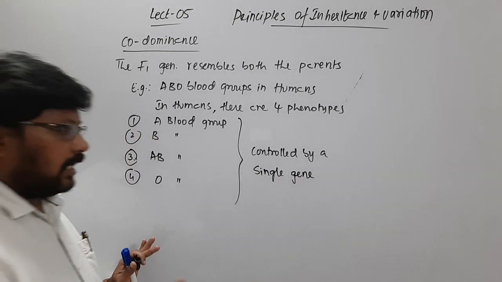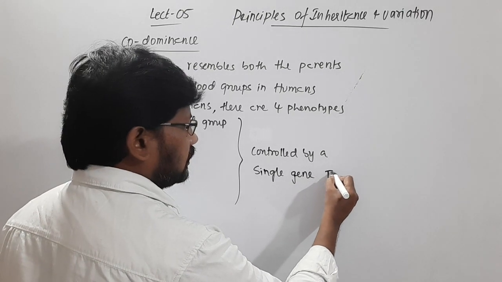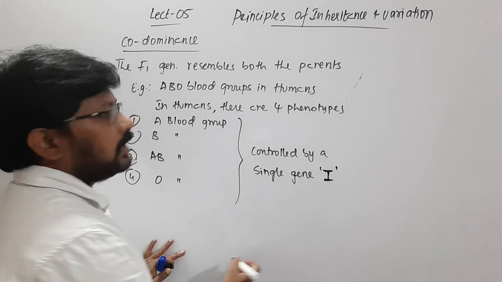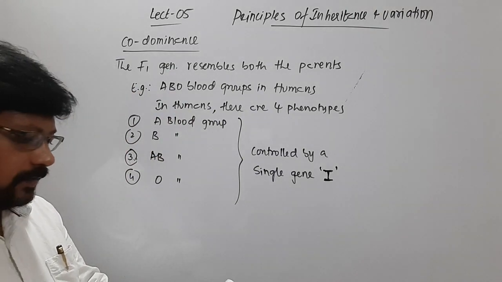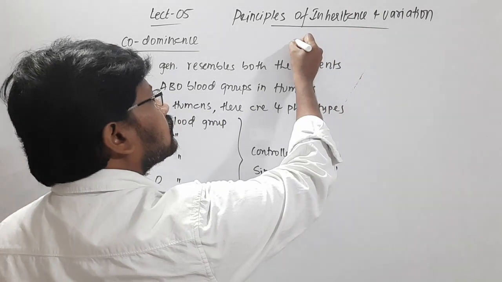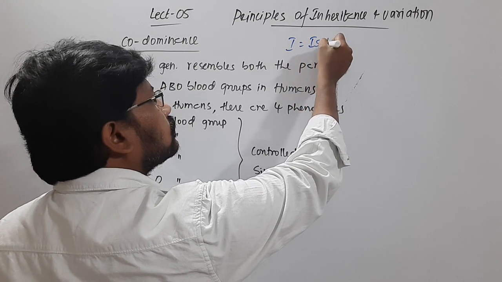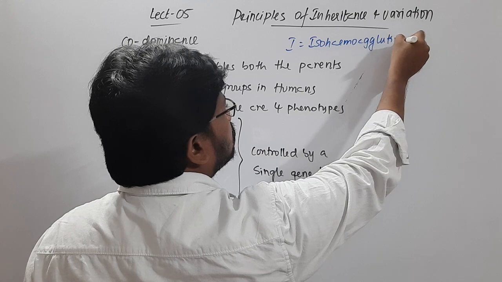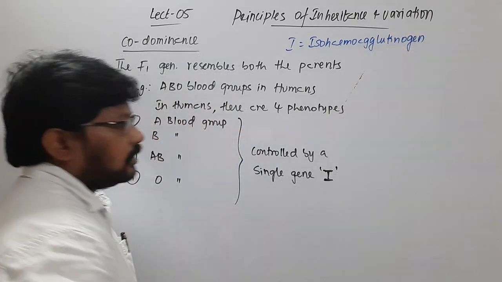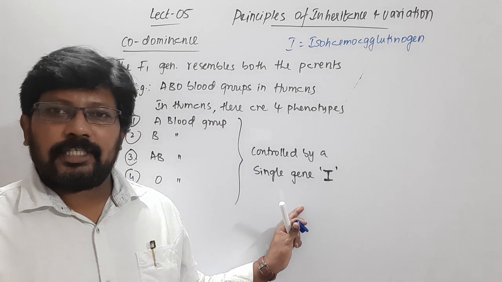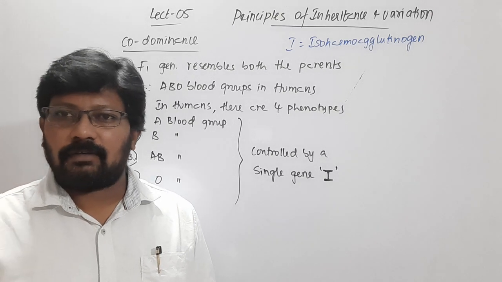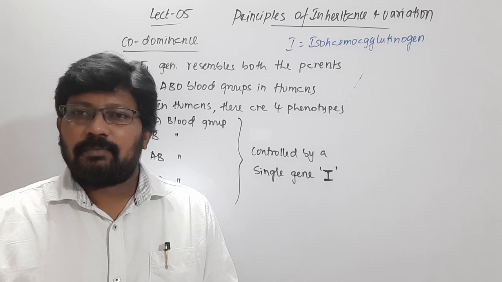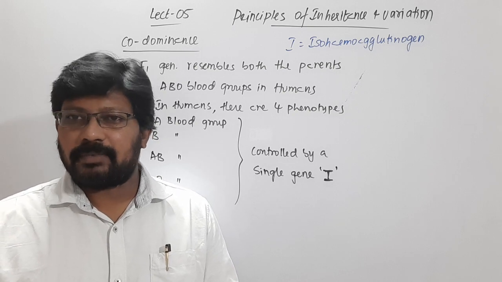Okay, so that single gene is I. Here the I stands for isohemoagglutinogen. So this gene I is responsible for synthesis of an antigen on the surface of the plasma membrane of RBC.